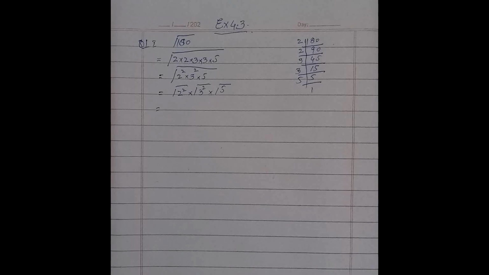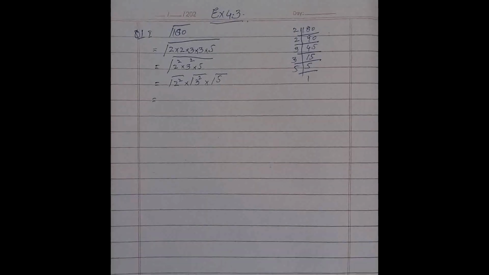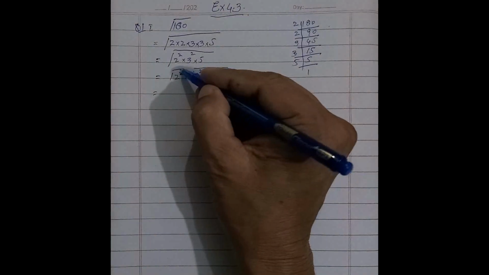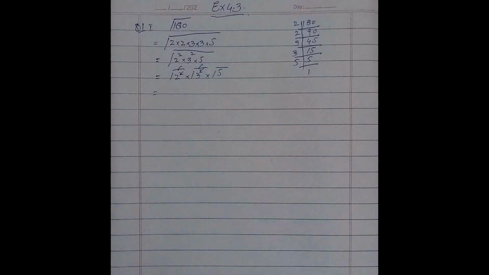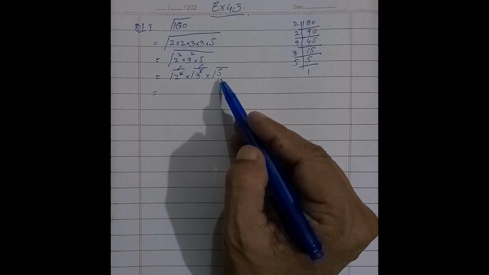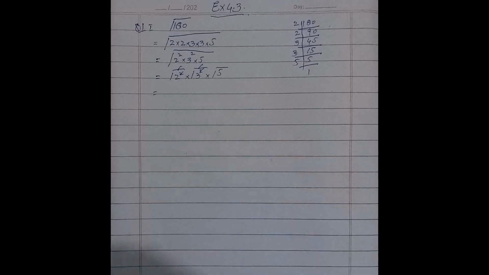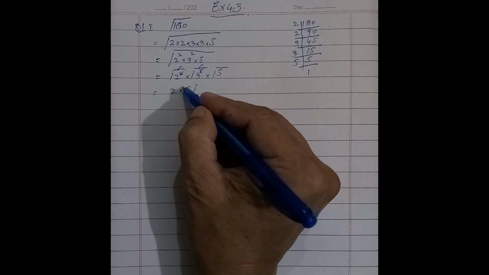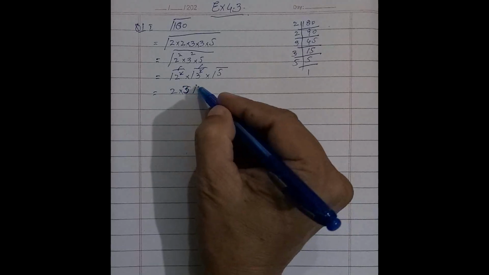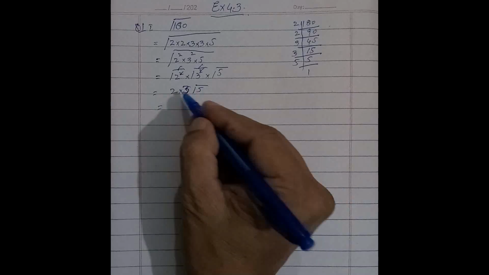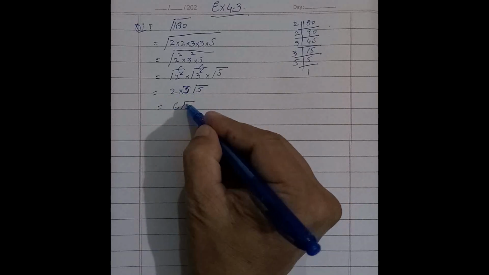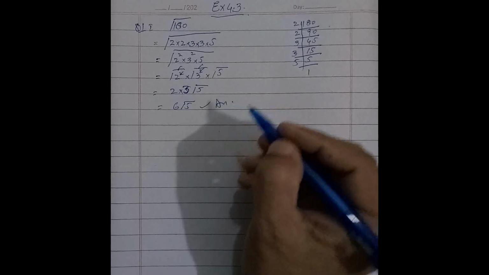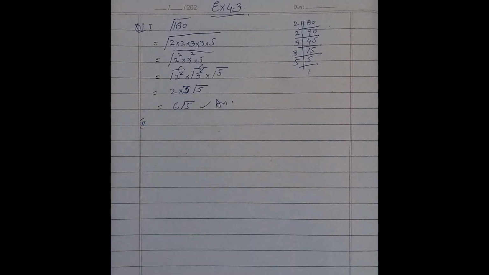We know that square and square root cancel each other, but 5 is not a square, so it stays as the square root of 5. The other values are 2 multiplied by 3, so 2 times 3 times the square root of 5, and 2 threes are 6, so 6 square root 5 is the simplest value of the square root of 180.